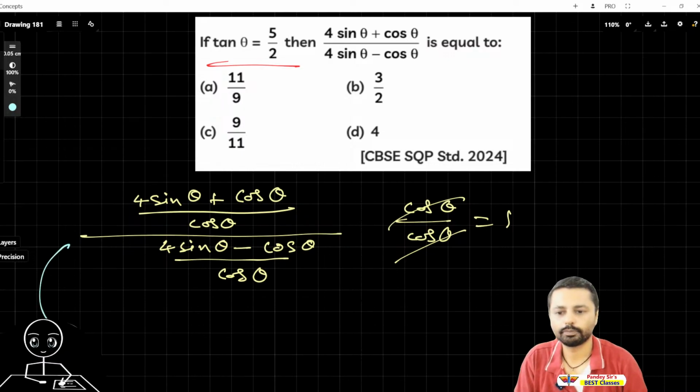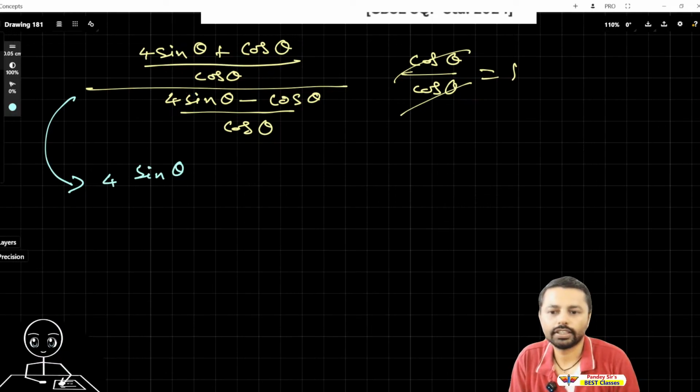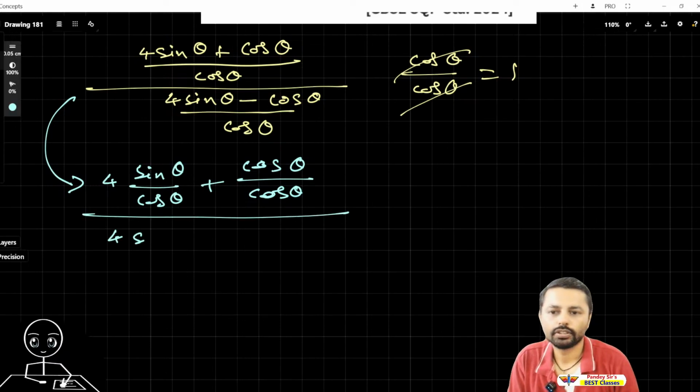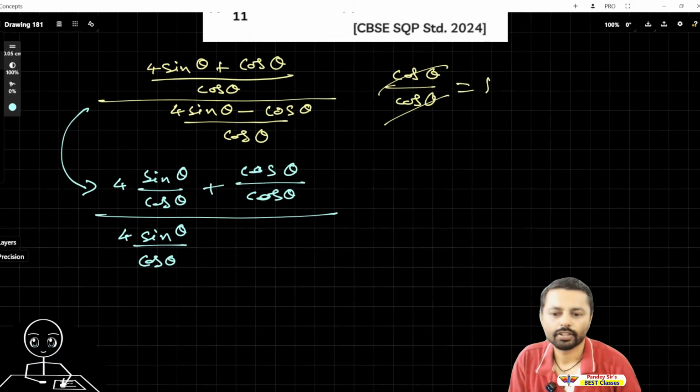See the next step. This cos theta is dividing both terms, so I get 4 sin theta by cos theta plus cos theta by cos theta. Down also, 4 sin theta by cos theta minus cos theta by cos theta.